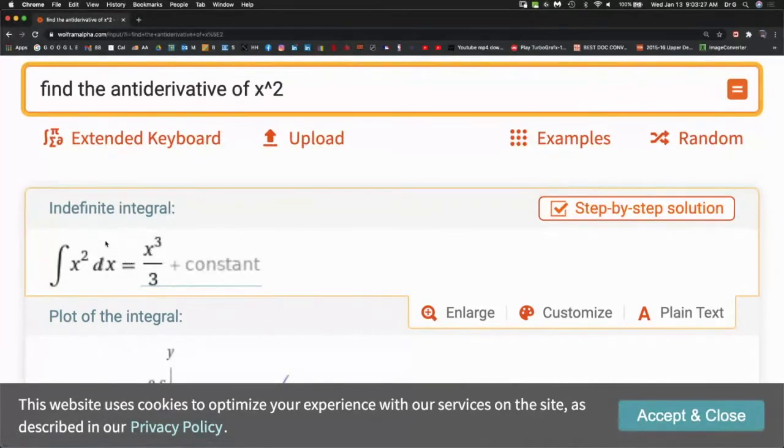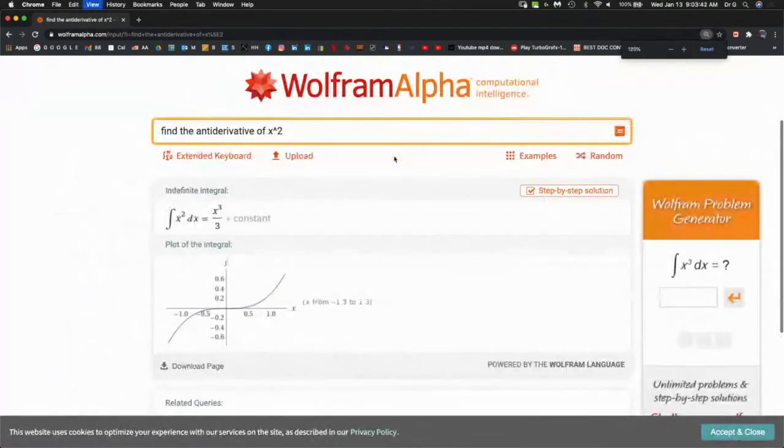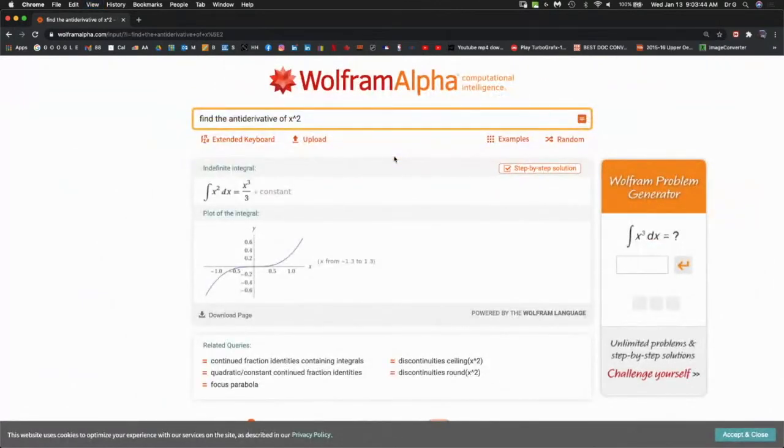Now, if you're wondering about this notation, we're going to do that notation next week. So today we're not going to focus on the notation for an integral. We're just talking about finding antiderivatives. So I'm just putting it out there for you. And that's pretty much what I want to show you.